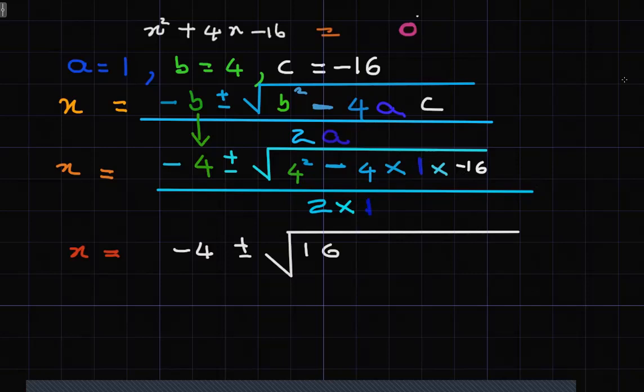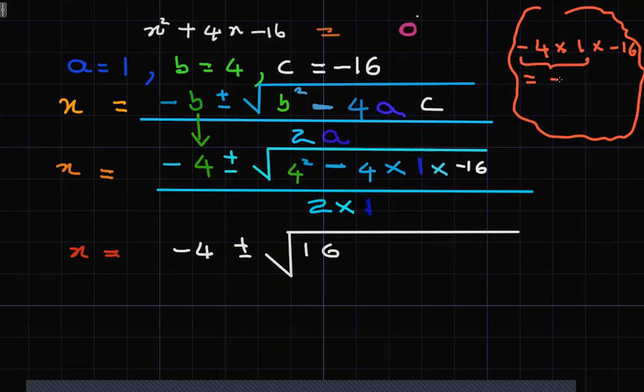All right, so let's do that on the side. It's minus 4 times 1 times minus 16. What would that give you? Minus 4 times 1 would give you minus 4 times minus 16.